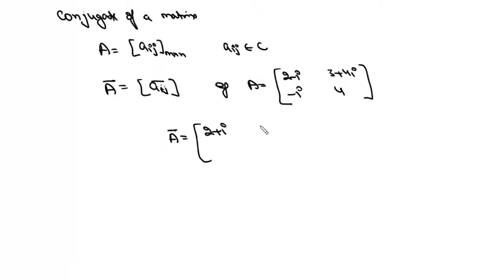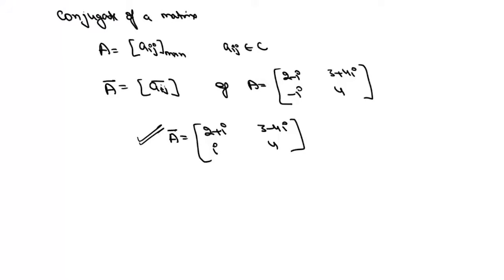Say for example, suppose we have this matrix A, which is 2 minus iota, 3 plus 4 iota, minus iota, and 4. Now if we take its conjugate, we can write this as 2 plus iota, 3 minus 4 iota, this iota, and conjugate of 4 is simply 4. So for any matrix, we can always write conjugate of a matrix.